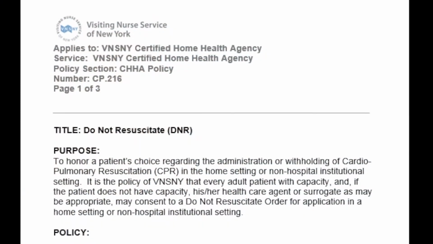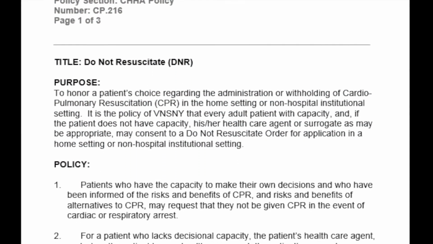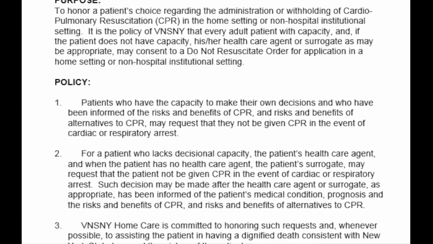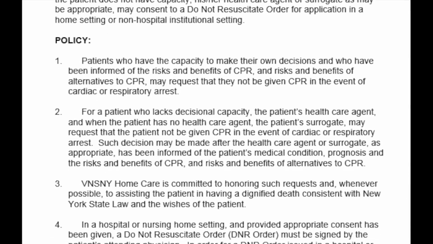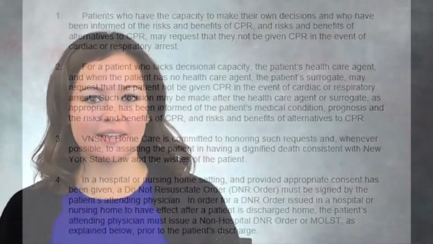As per the revised VNSNY policy, for a properly executed non-hospital DNR, Emergency Medical Services, or EMS personnel, and other first responders must honor a non-hospital DNR order or MOLST if 911 is called.